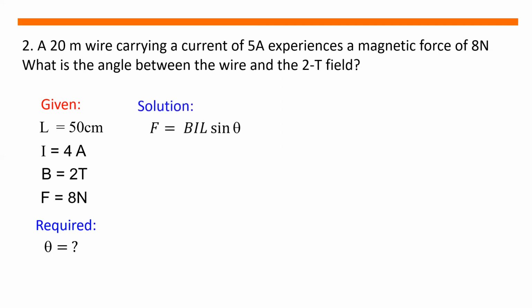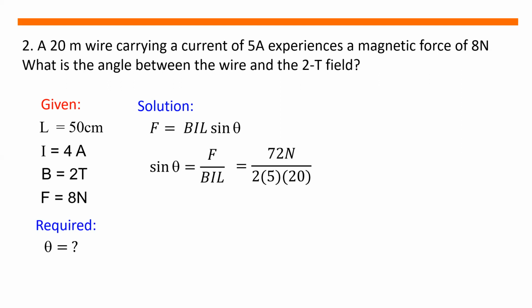So using our equation, with a little manipulation to get the value of sine theta, that will be equal to F all over BIL. Then substituting our values, the force given is 72 Newton, not 8 Newton. Sorry.